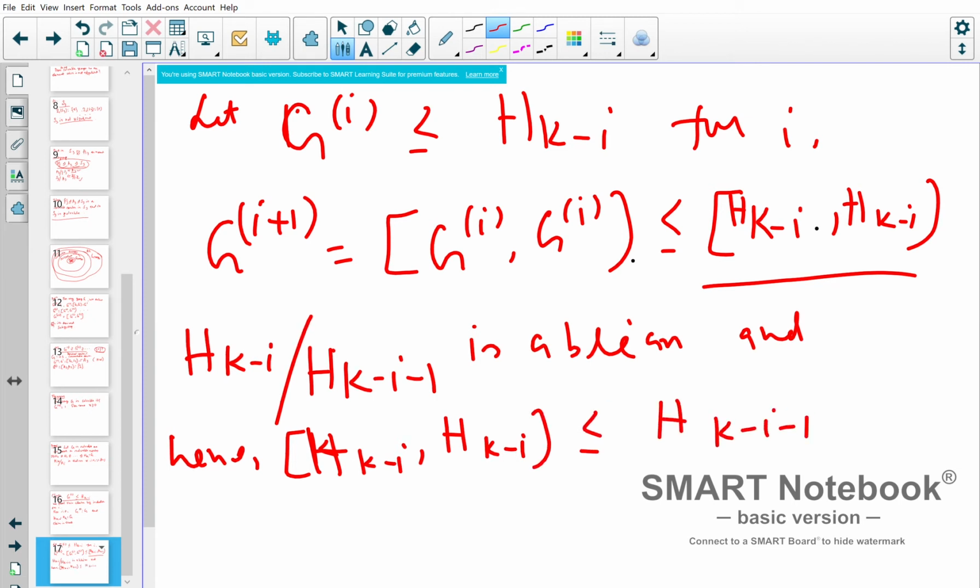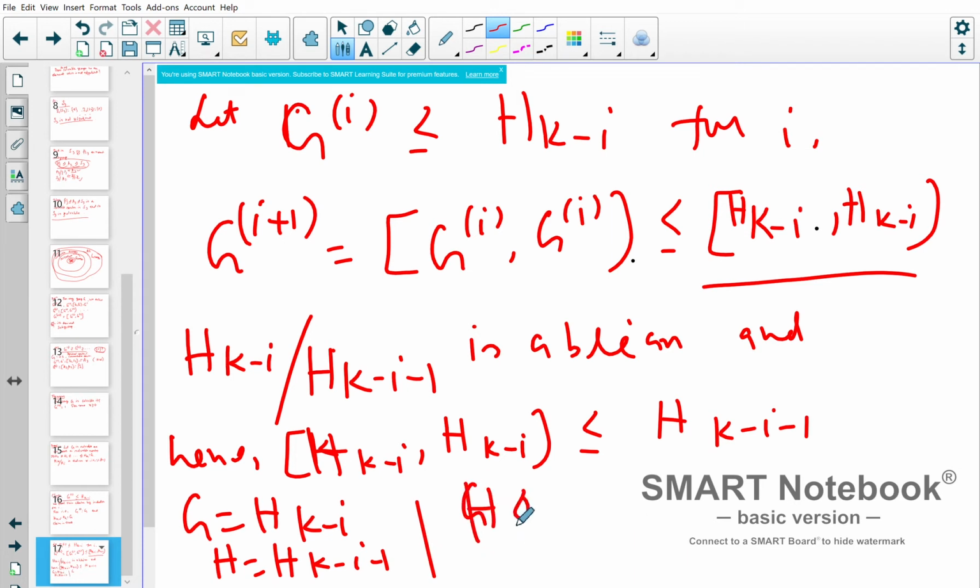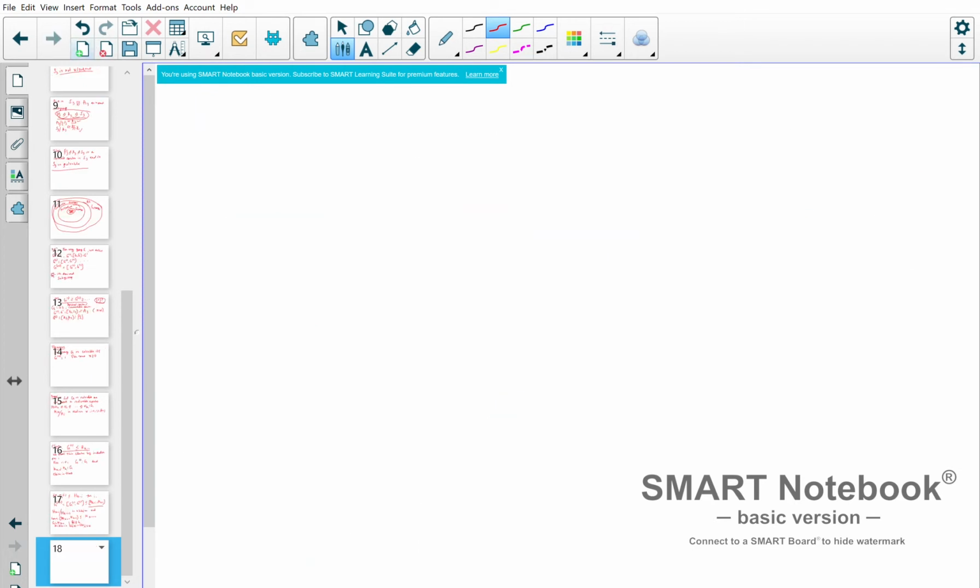This is the property of the commutator subgroup: if H is normal in G and G mod H is abelian, then G dash is sitting inside H. We choose G equal to H(k minus i) and H equal to H(k minus i minus 1). So G^(i+1) is a subgroup of H(k minus i minus 1). This is the induction proof.